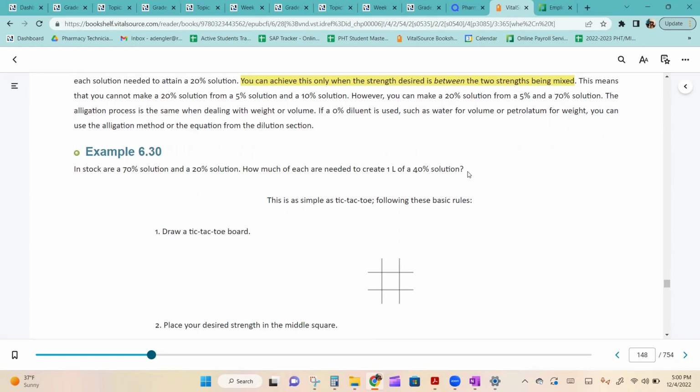So a good indication that you're going to be doing an alligation versus a dilution problem is there is going to be 3 percentages in your problem, whereas the other one might only have 1 or 2 at the very most. So our first step is to draw a tic-tac-toe board.